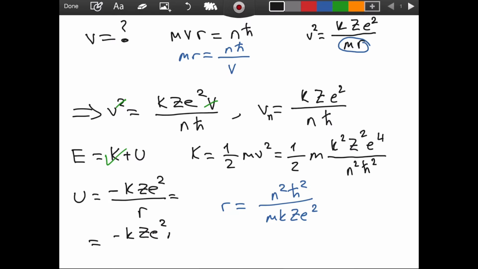We have a k, so put a square on top of the k, we have a z, so put a square on top of the z, we have an e squared, so let's change the power of e to 4, and we divide by n squared h bar squared.